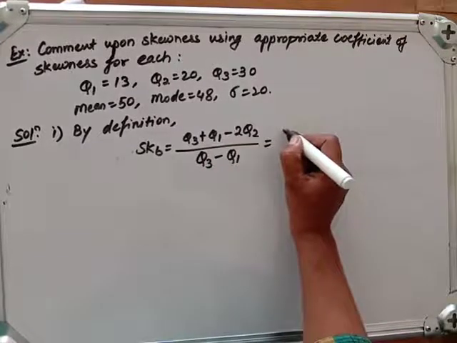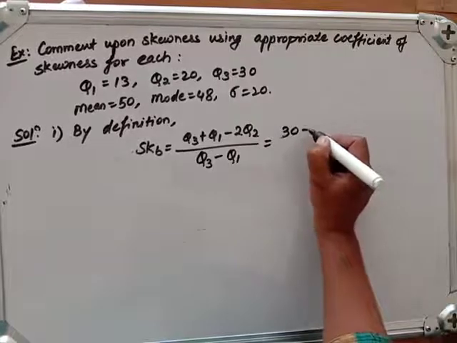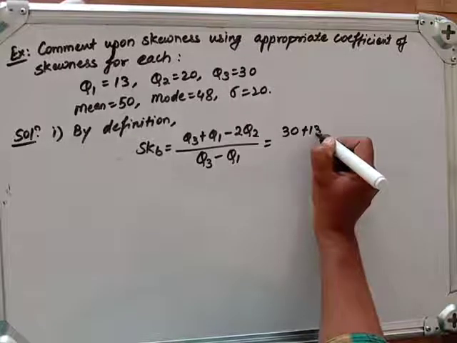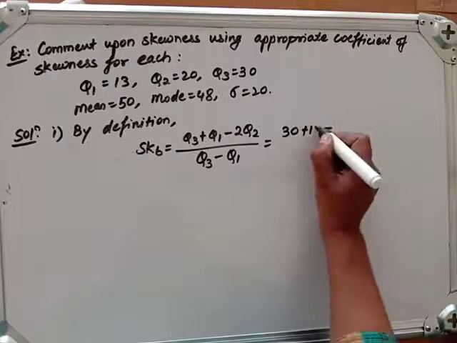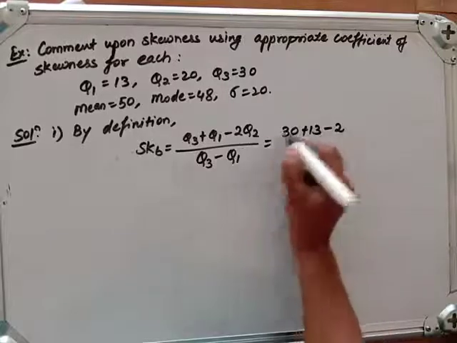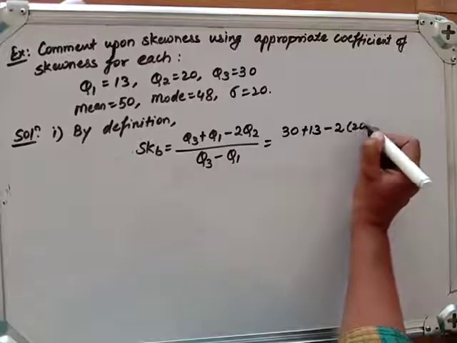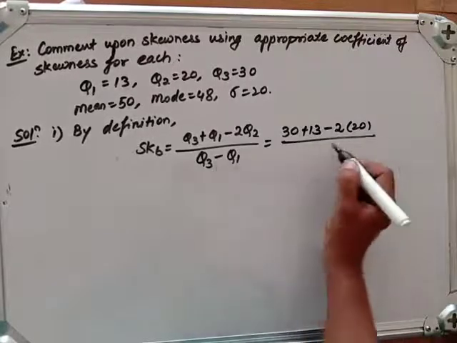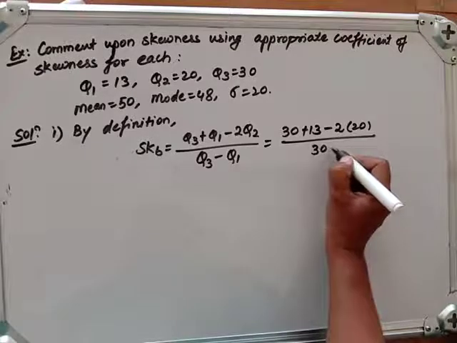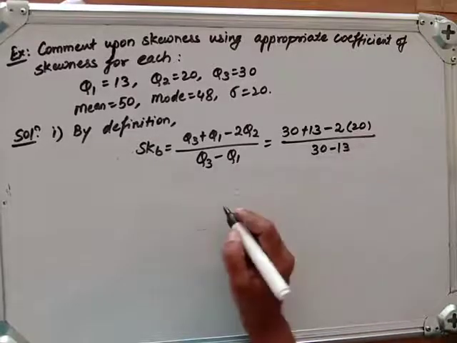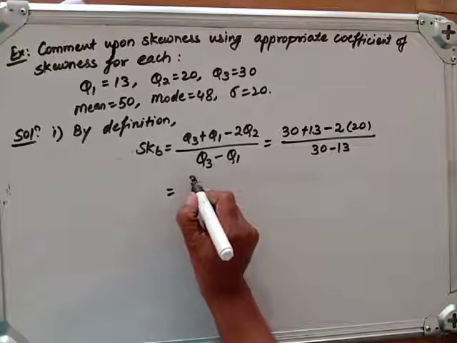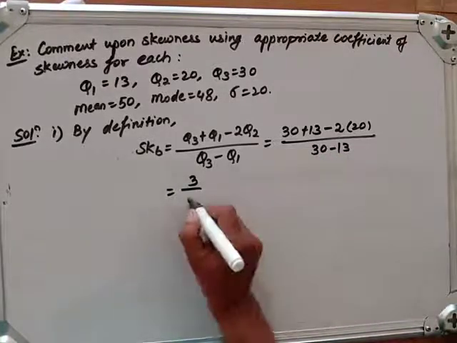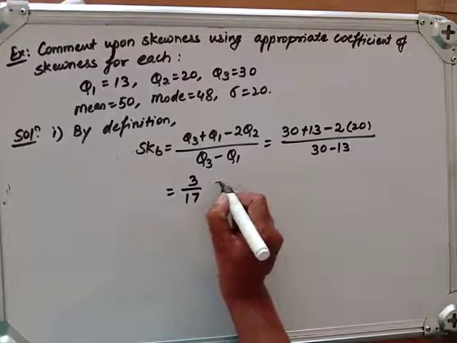So it is 30 plus 13 minus 2 times 20 upon Q3 minus Q1, 30 minus 13. So it will be 43 minus 40, so 3 upon 17.